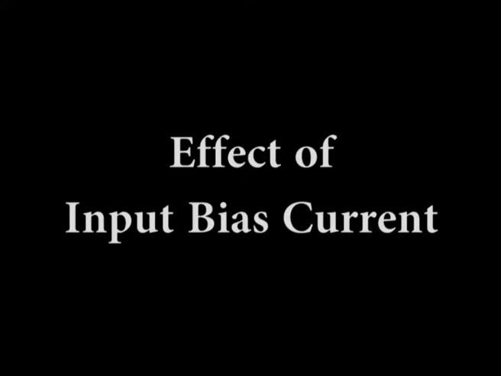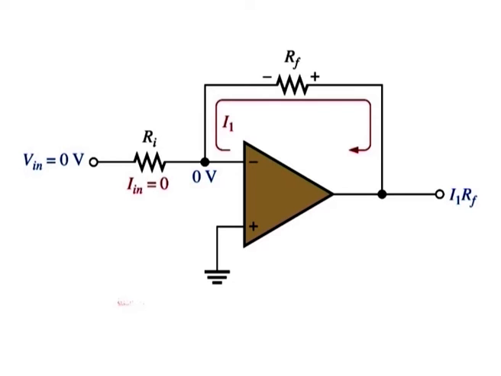Effect of input bias current. Figure here shows an inverting amplifier with 0 input voltage. Ideally, the current through Ri is 0 because the input voltage is 0 and the voltage at the inverting terminal is also 0.